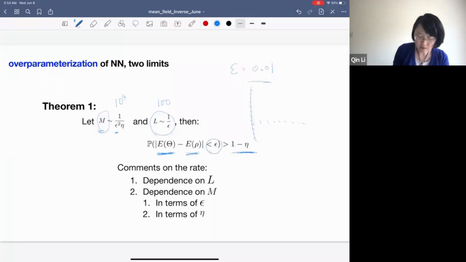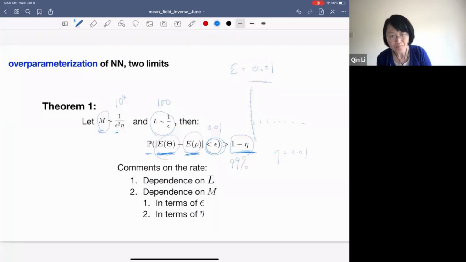So the difference between the two loss functions is only epsilon, 0.01, this big, with very high probability. So this is a probability bigger than 1 minus eta. Let's say eta is another 1%, for example, then you have a 99% chance that the two loss functions are close to each other. So this is a pretty strong result.